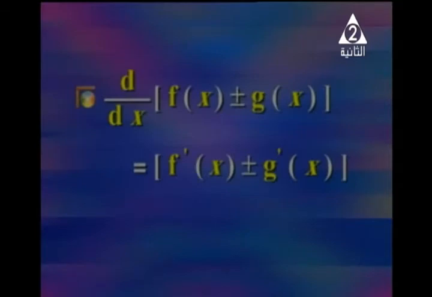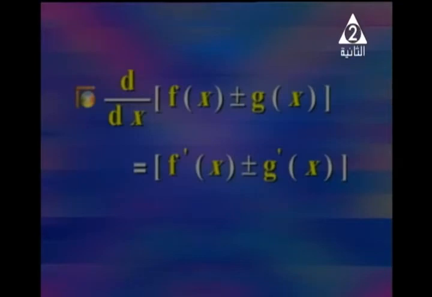Dear student, when we find differentiation of sum or difference of two functions, as an example, d over dx of f of x positive or negative g of x equals differentiation of the first positive or negative differentiation of the second. Then d over dx of f of x plus or minus g of x equals f dash x plus or minus g dash x.